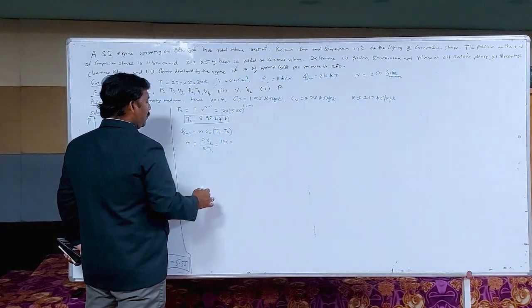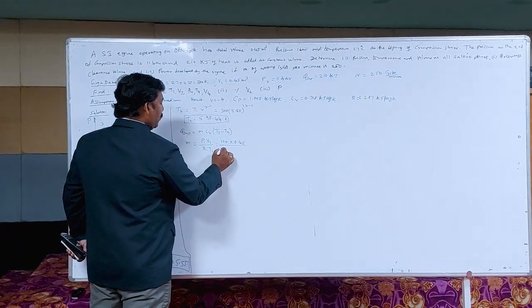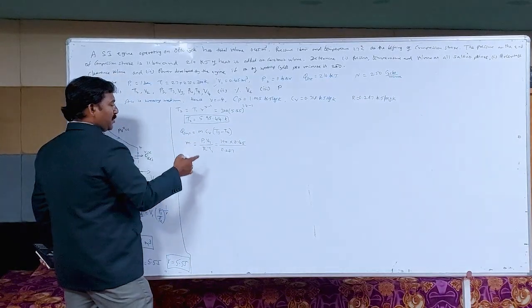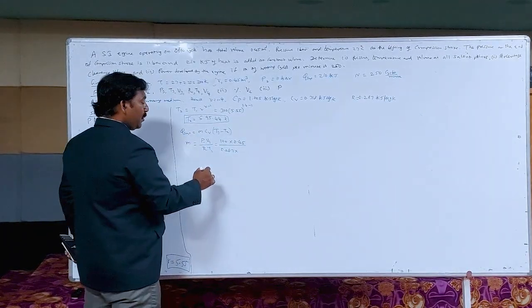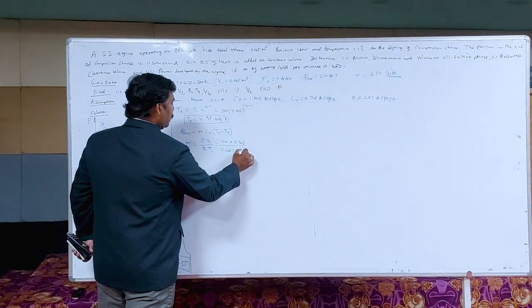The pressure at initial stage is 1 bar, that I am substituting in terms of kilopascal. So 100 kilopascal into V1 is 0.45 meter cube and R is 0.287 kilojoule per kilogram Kelvin. As I substitute P1 in terms of kilopascal, here we have to substitute R in terms of kilojoule per kilogram Kelvin, and T1 is 300 Kelvin.